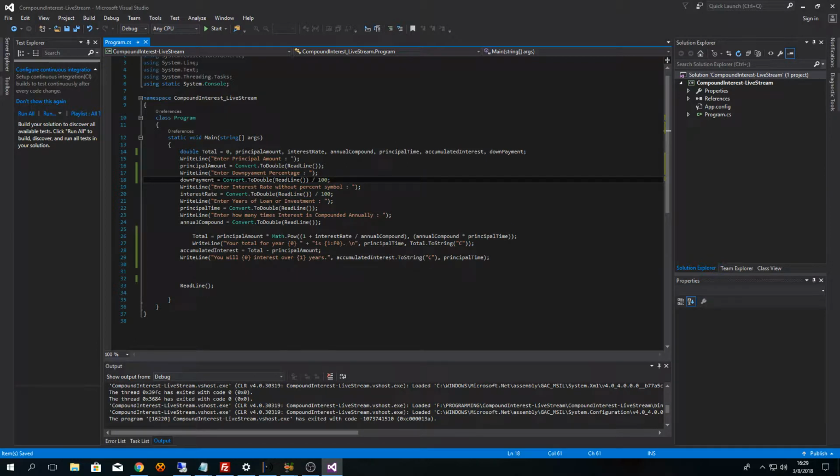What we'll do is subtract from the principal amount. We'll have to change the formula that we're using, obviously.